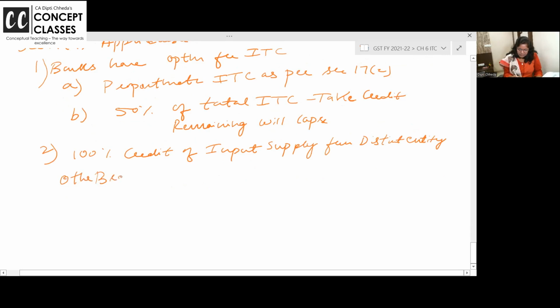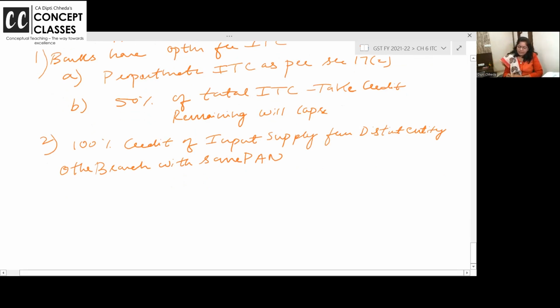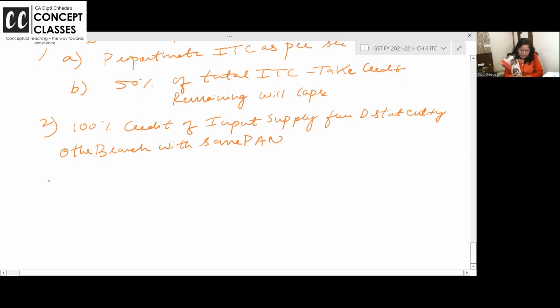Other branch with same PAN. Bank of Baroda is having one PAN card. Head office branches सबका एक ही रिटर्न जाता है मिलके. बट फिर ब्रांचेस का अलग अलग रजिस्ट्रेशन होता है विद दैट. हाँ, 100% क्रेडिट ऑफ इनपुट सप्लाई फॉर डिस्टिंक्ट एंटिटी, उसमें कोई प्रोपोर्शनेट नहीं मिलेगा.